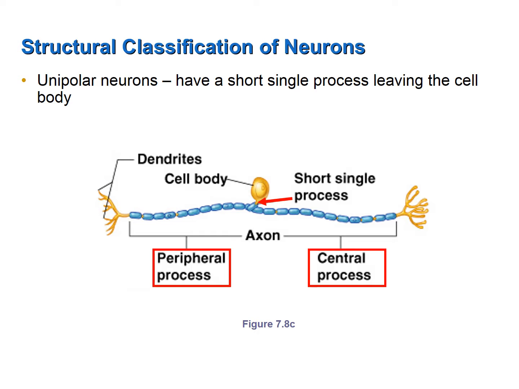But note, they are all branches of that short single process. One mistake the students make in lab is to call this a bipolar neuron. It is not. It is a unipolar neuron where you have that one short process where the arrow is pointing, and then it branches into two branches.